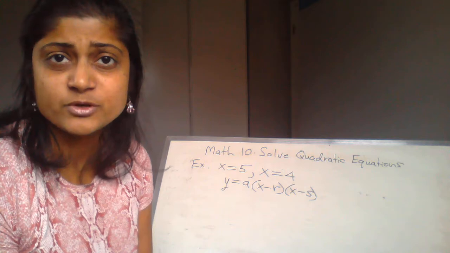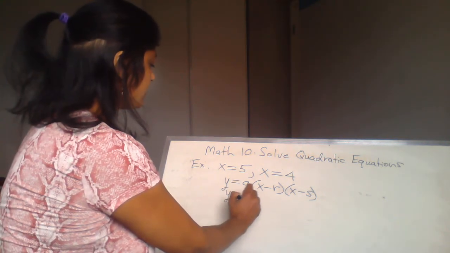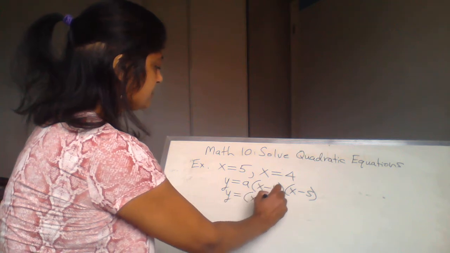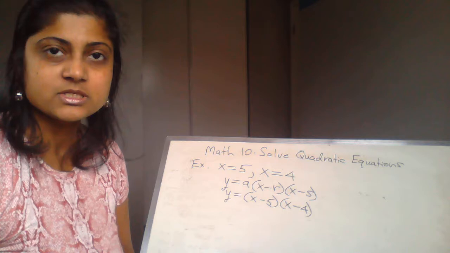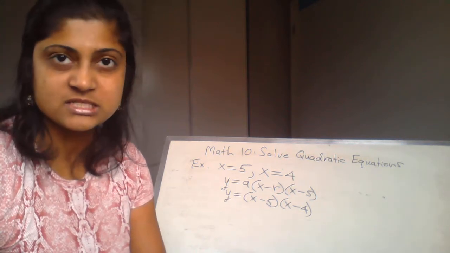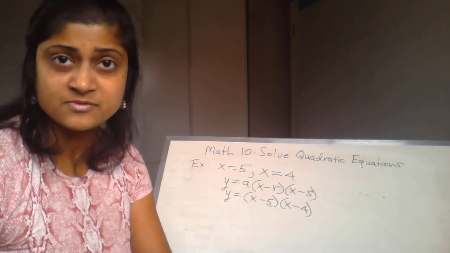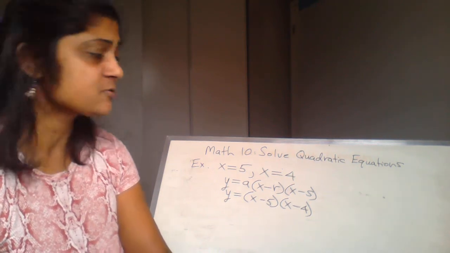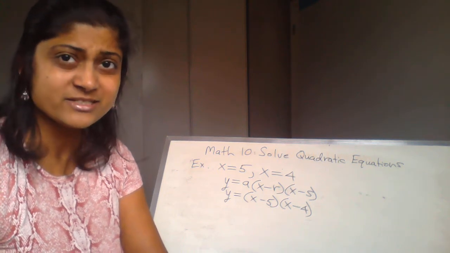When the x-intercepts are given, we're just going to change the signs. So I'm going to put y equals x minus 5 and then x minus 4. Okay, some students do get confused and they forget to change the signs here, okay? Inside the brackets, it's not going to be x plus 5 and x plus 4. I have to make sure I'm changing the signs back to negative. Okay, are there any questions?